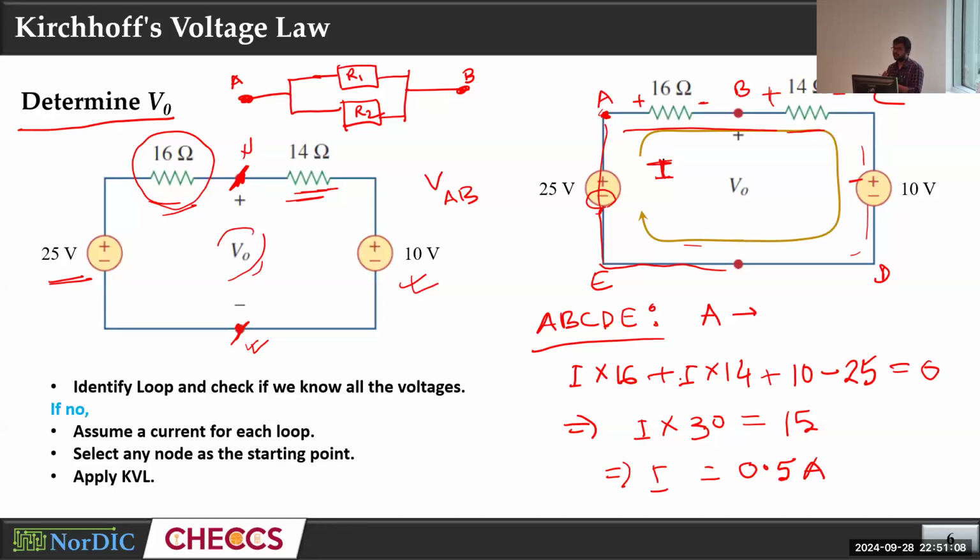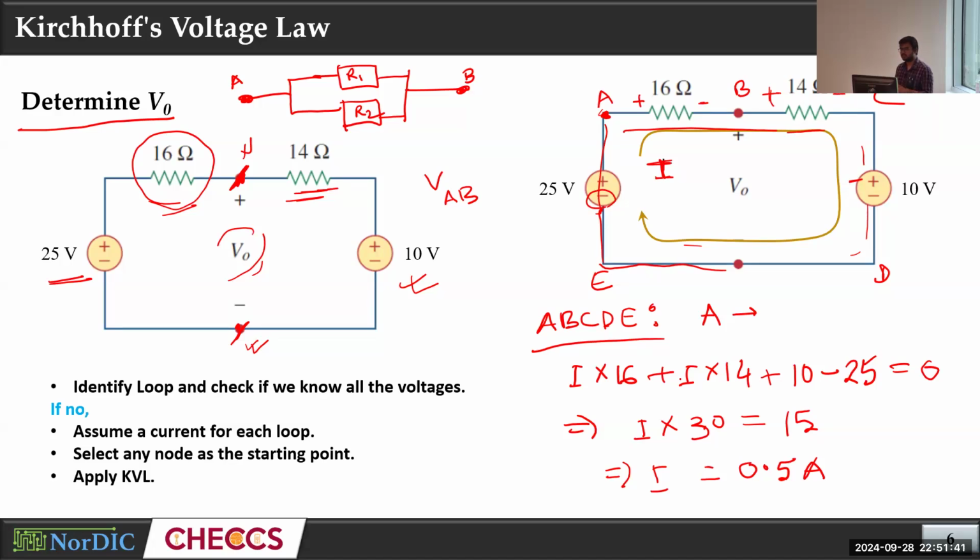Is that clear? Whenever two resistors are connected in parallel, they are always between two nodes. R1 is between A and B, and R2 is also between A and B. Voltage is always measured between two nodes, so we get a voltage across A and B. If we have a voltage VAB for the A and B nodes, that should be the voltage of R1, and it should also be the voltage of R2.